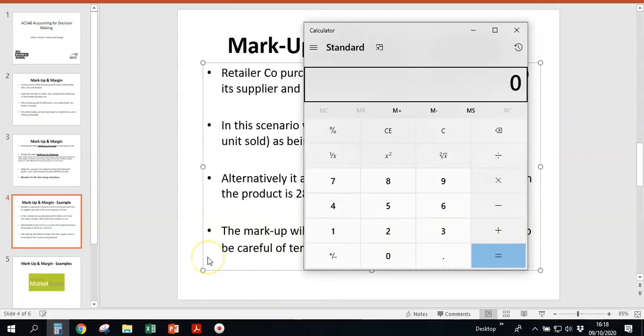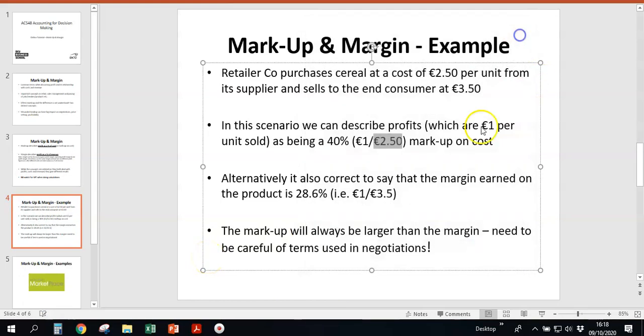And if you put 1 divided by 2.50, you get 0.4, which in percentages, you multiply by 100, is 40%. So they could say, actually, I want to price this to get a markup of 40%, so you would price it at 3.50. However, it's also correct to say that the retailer earned a margin of 28.6%.